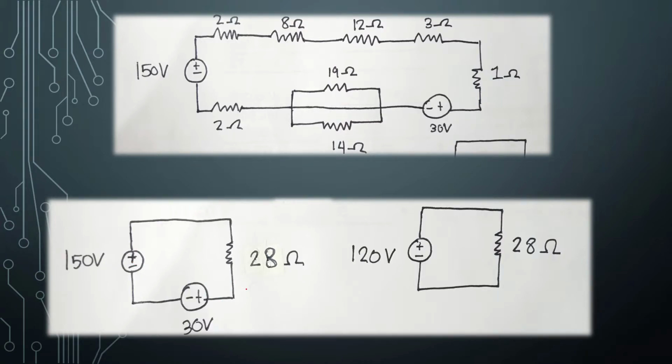So if we use Kirchhoff's voltage law here, we'll go in a clockwise direction and we will get the polarity which we get first. So in this case, we have positive 30 volts minus 150 volts. And so we get negative 120 volts, or simply 120 volts. So this is our circuit now.